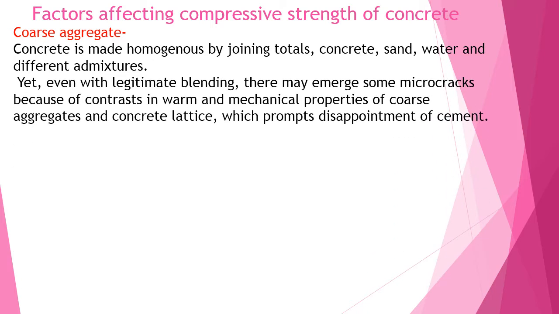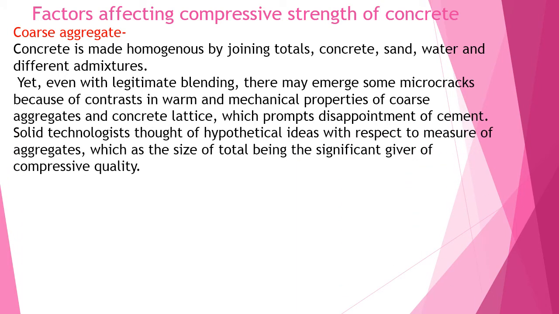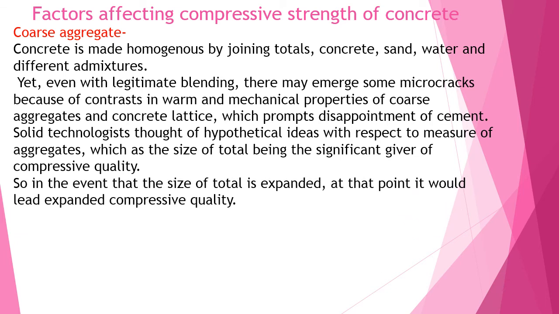Yet, even with proper blending, there may emerge some micro cracks because of contrast in thermal and mechanical properties of coarse aggregates and concreting matrix, which leads to failure of concrete. Concrete technologists theorized that the size of the aggregate is the significant factor in the compressive quality.